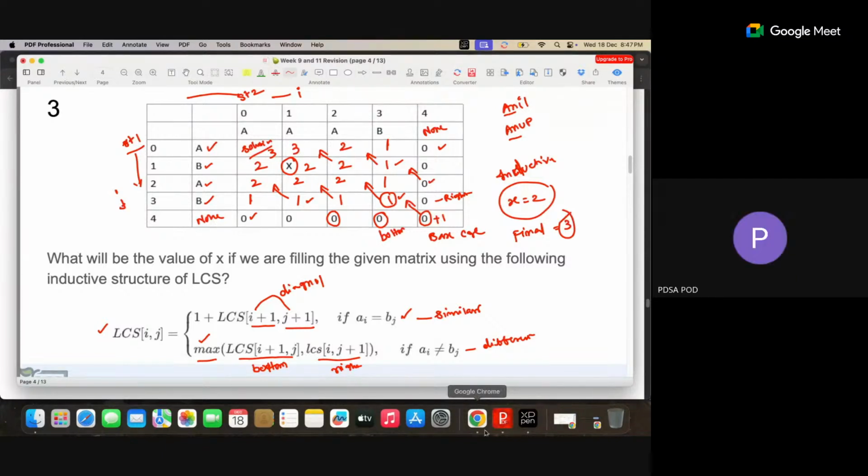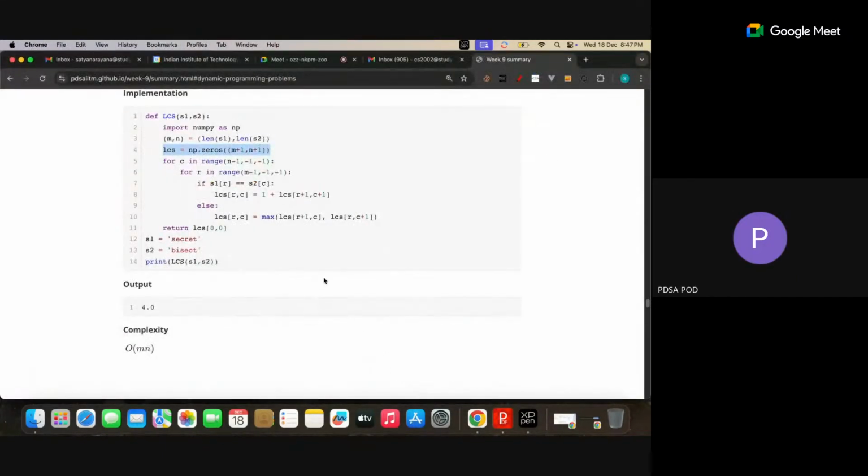So similar lines we have filled it. After filling it, we check whether the characters are equal or not. Whenever an equal character is found, of course here they are taking I and J, instead they are taking C and R. Just changing the name of the variable is okay. But remember, whenever similar characters are found, we take the diagonal value plus 1. Is it right?